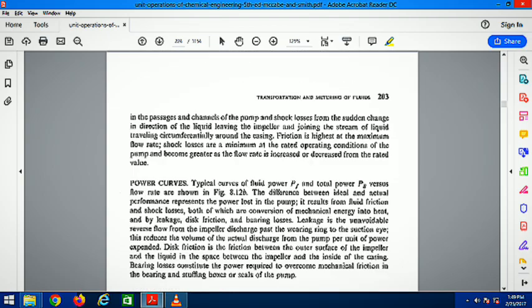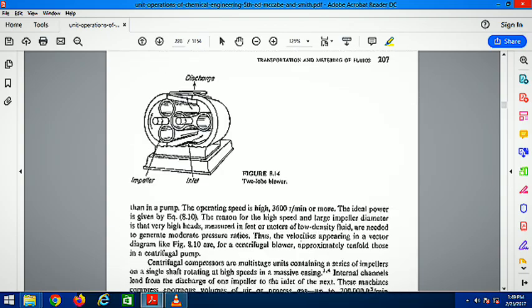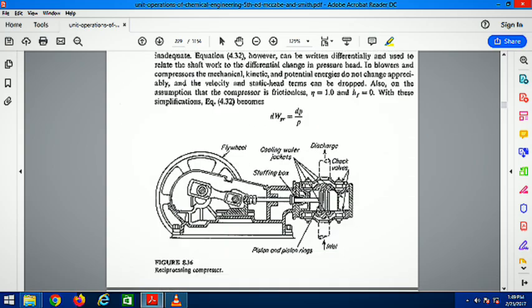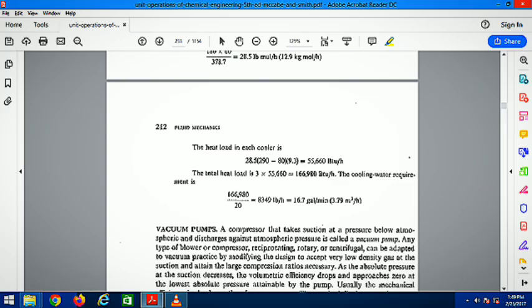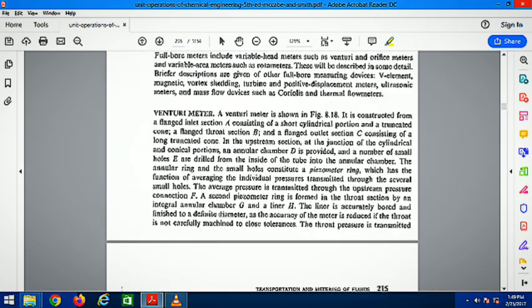So these are total power and the fluid power. The pump section is over for now.